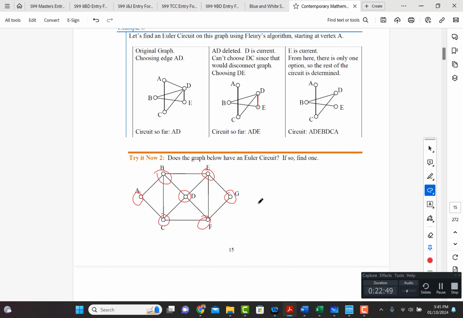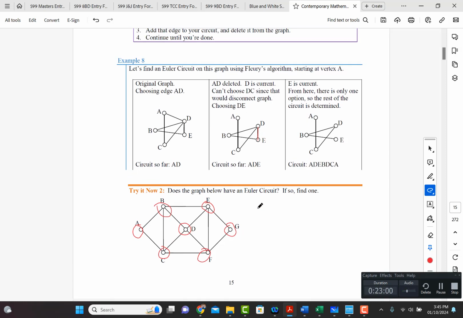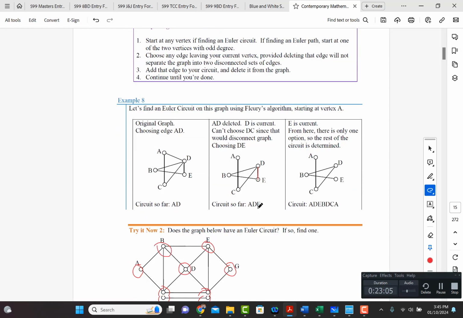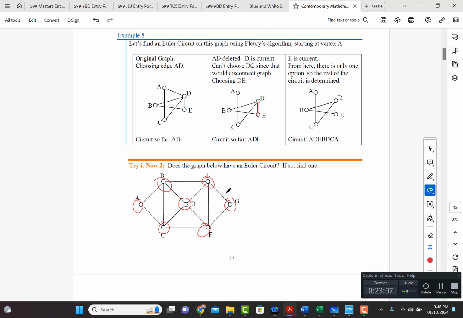Okay. That's going to be a little tougher, right? Because there's a lot of vertices here. So let's start at any point. Okay, so let's start at G. I'm just going to start at G. Okay, so let's start at G and let's go to E. Okay, now we can delete this one.